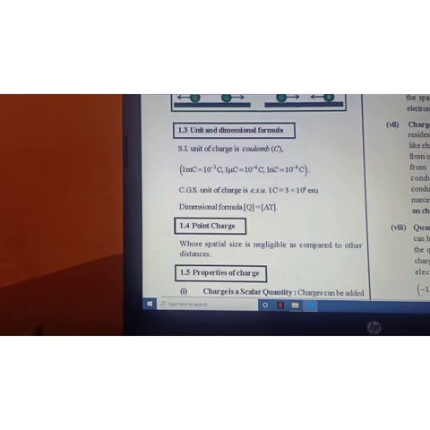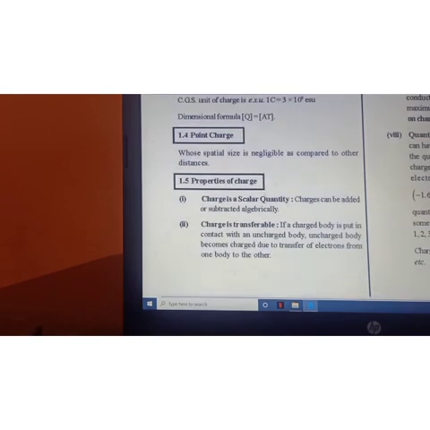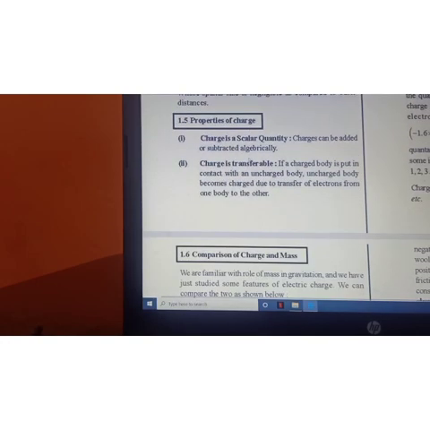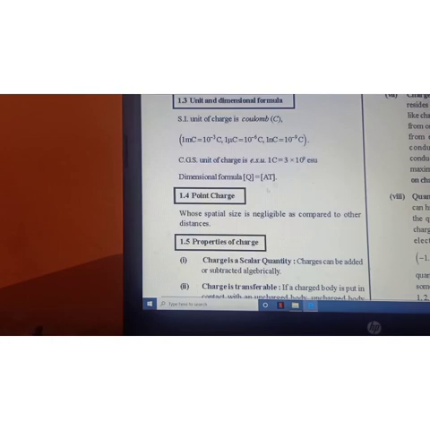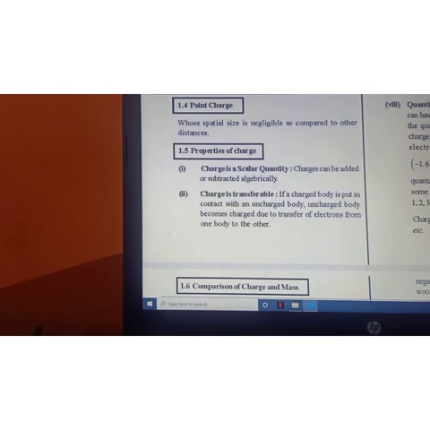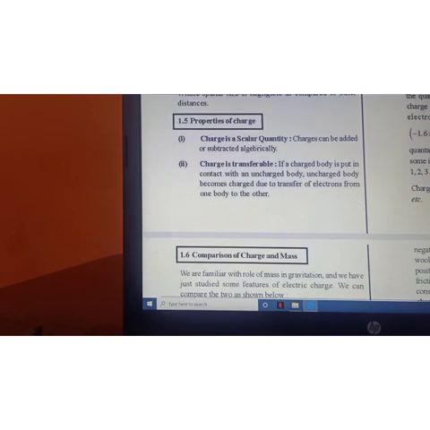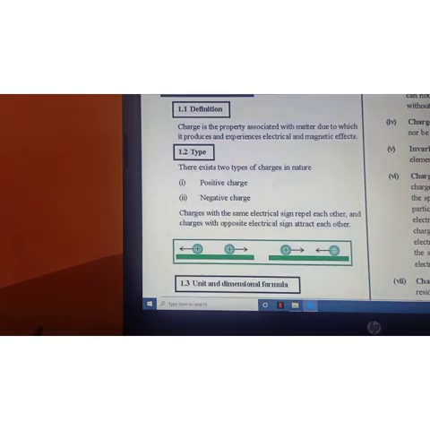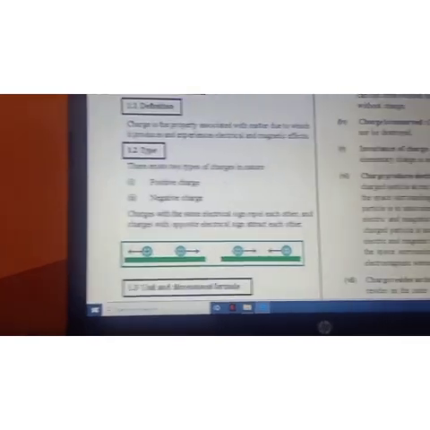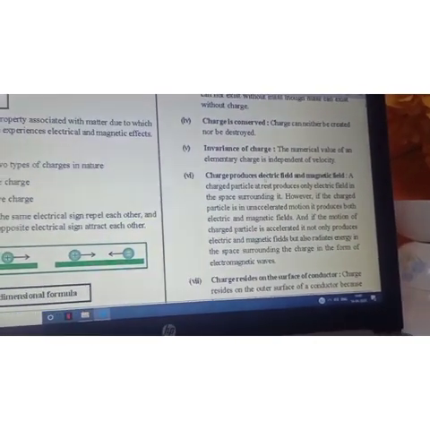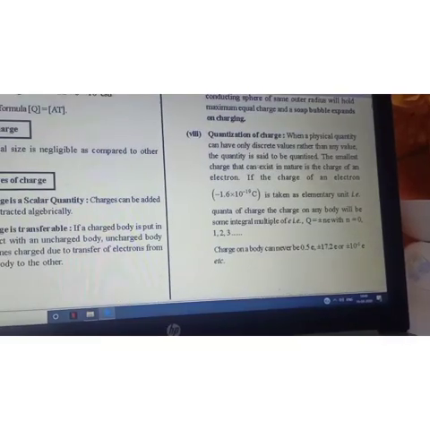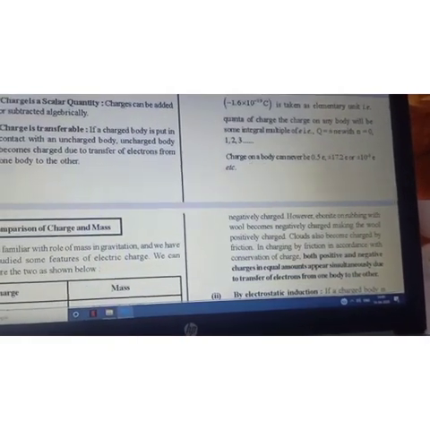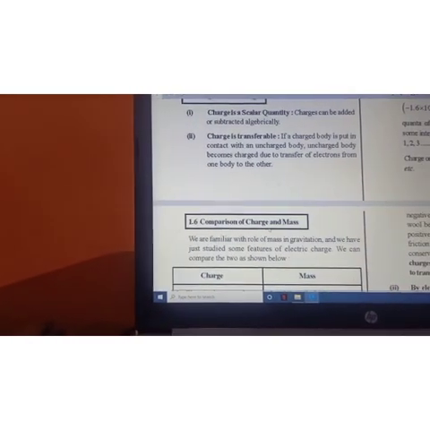That is the coulomb, and the dimensional formula is AT. A point charge is a charge whose spatial size is negligible as compared to other distances. The properties of charge: it is a scalar quantity, it is transferable, it is conservative and invariant, charge creates an electric field, it resides on the outer surface, it is quantized, it is conserved. And then compare charge and mass.